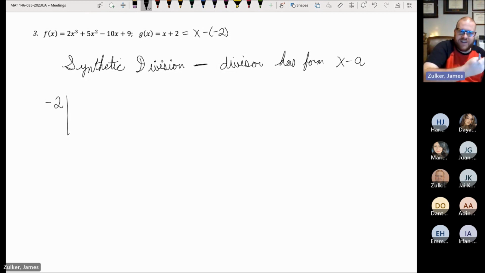Again, it has to be written in standard form. So what are the coefficients? 2, right? 5, -10, and 9.